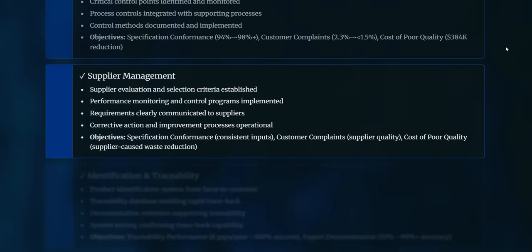The objective here is specification conformance by consistent output, customer complaints from supplier quality, and cause of poor quality from supplier cost weight reduction.